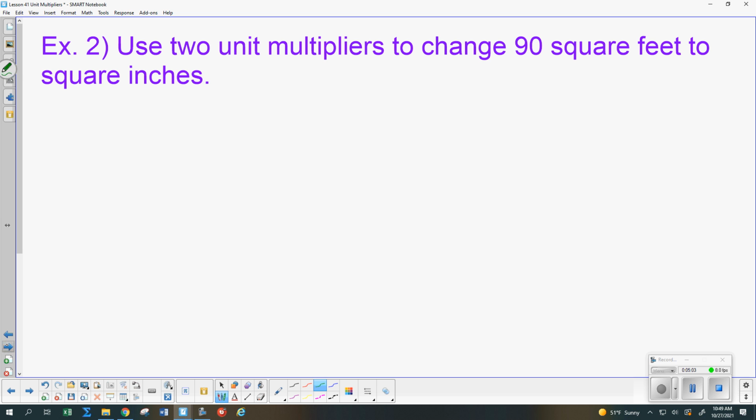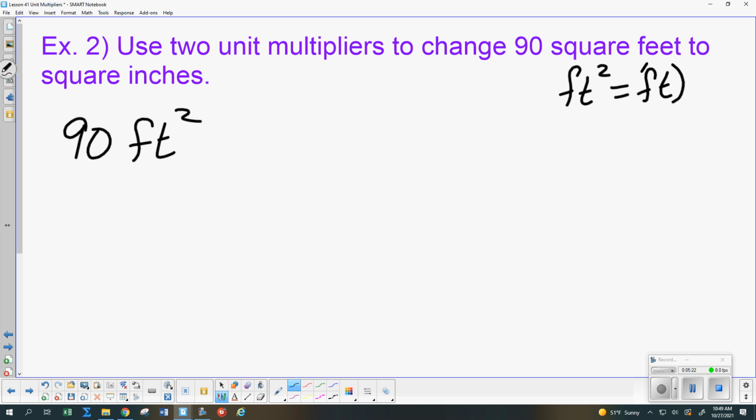Okay, this time we're going to end up with 2 unit multipliers. We need to take the 90 square feet, and we need to change that to square inches. When you have square units, we are going to think of that as feet times feet as we do these problems.